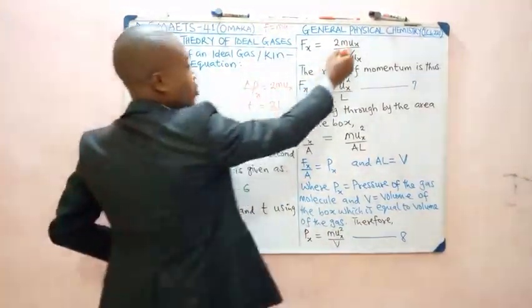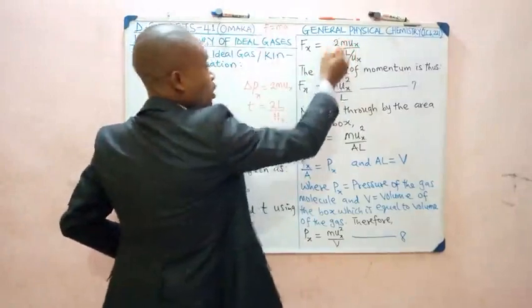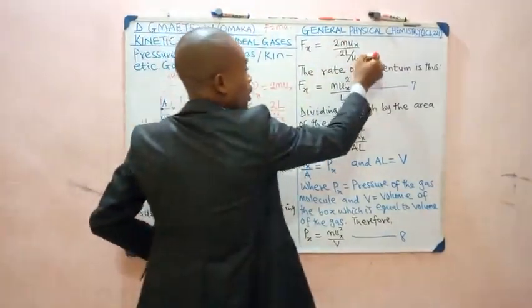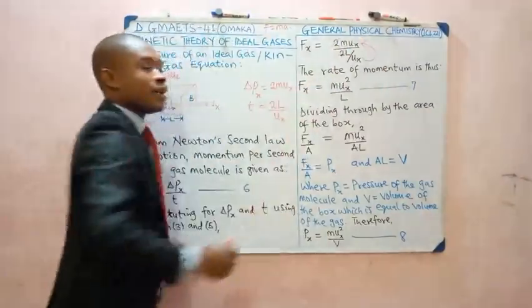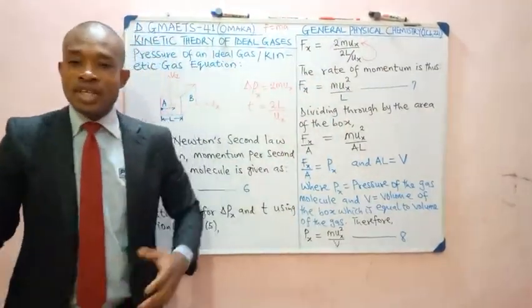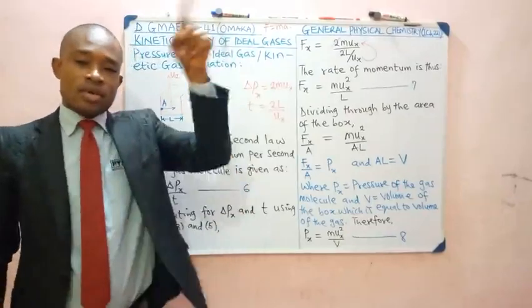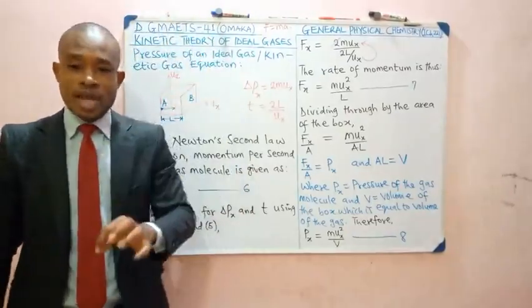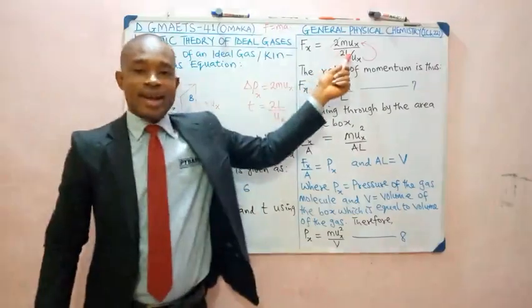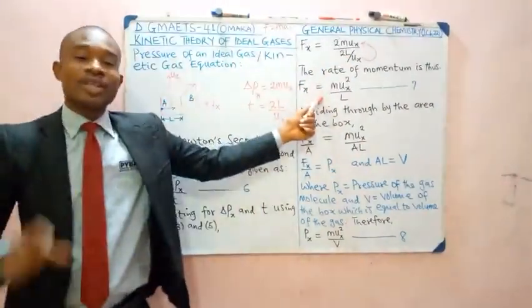If you work out this mathematically, you notice that this 2 will go with this 2, then this velocity will go upwards to multiply the numerator velocity, and that's going to give us mu subscript x squared. That is mu squared subscript x divided by what? L. That's the equation 7.